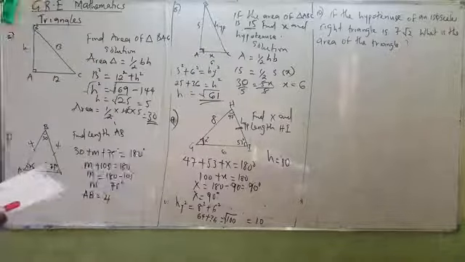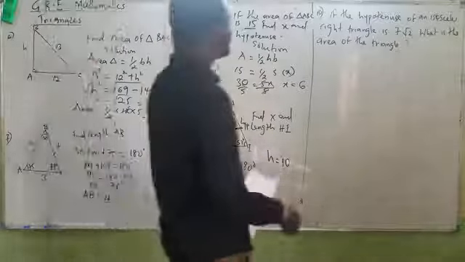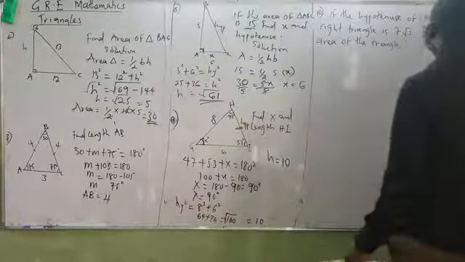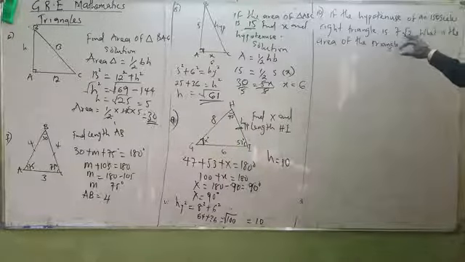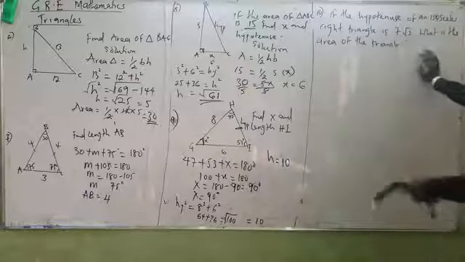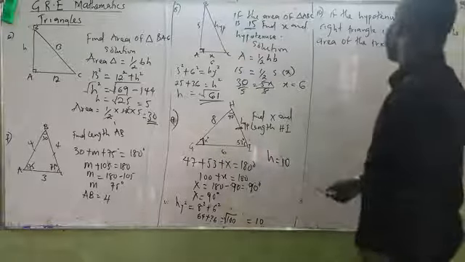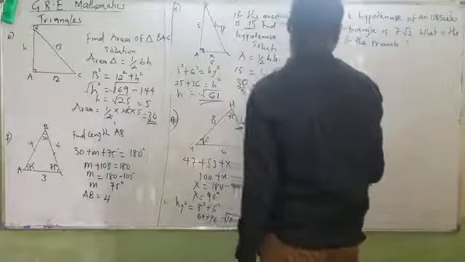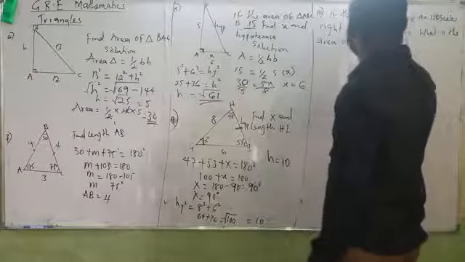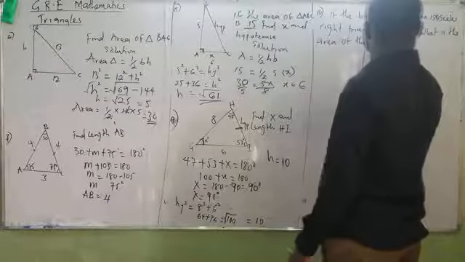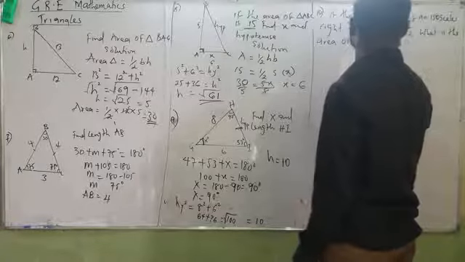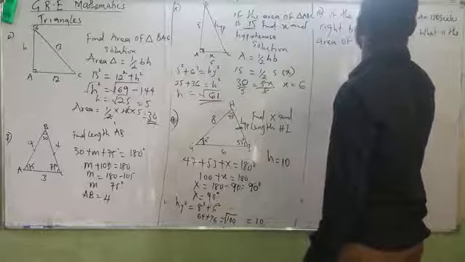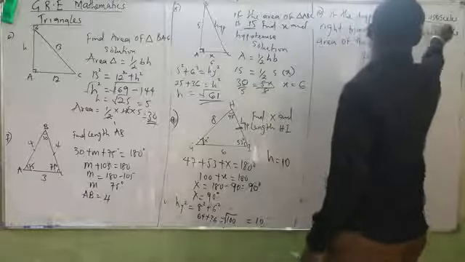Now, another question is here: if the hypotenuse of an isosceles right angle triangle is 4 root 7, what is the area of the triangle? If I were you, since it's a right angle triangle, I will draw it like this, and it is isosceles.